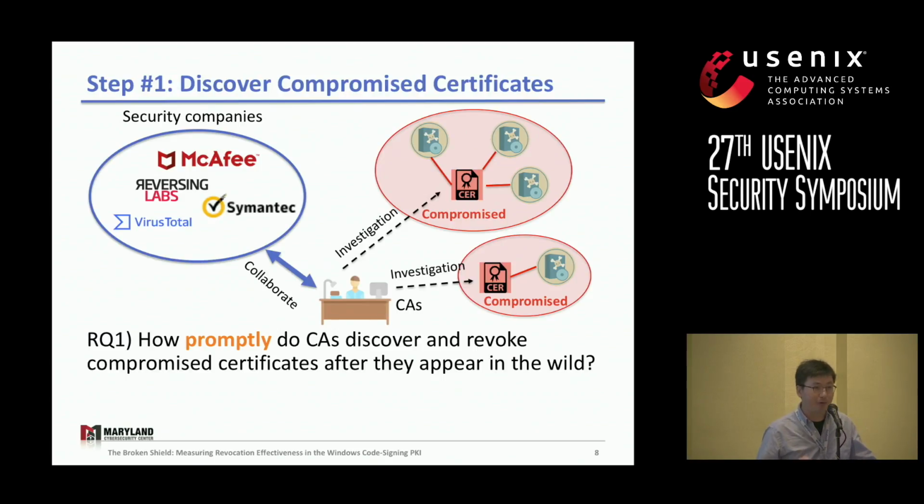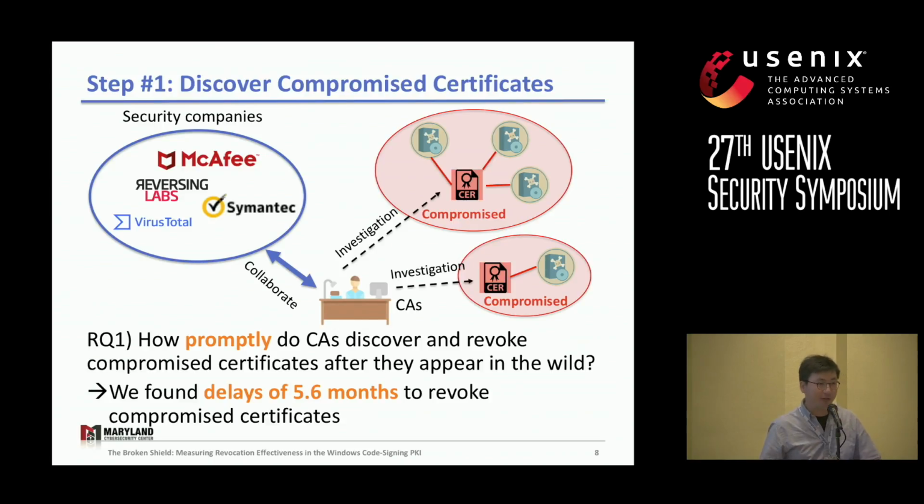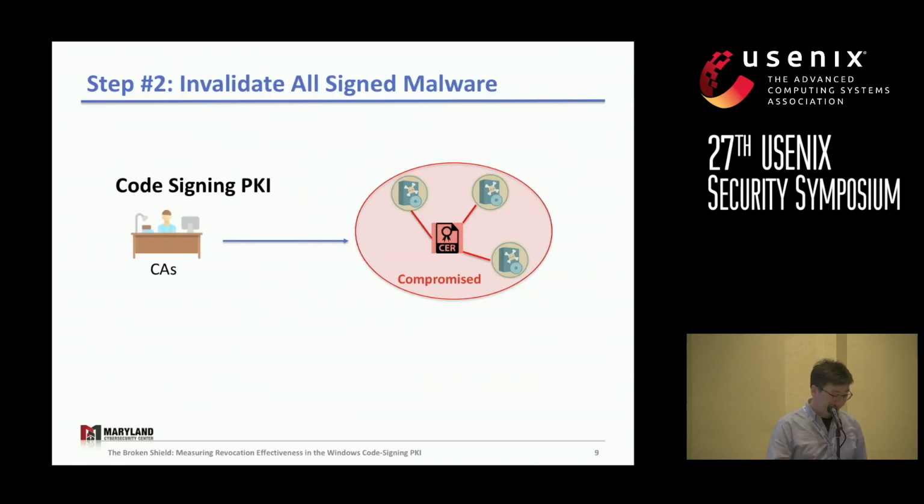In this step, our research question is: how promptly do CAs discover and then revoke a compromised certificate after it appears in the wild? In this paper, we found that there is a delay of 5.6 months to revoke a compromised certificate after it appears in the wild.